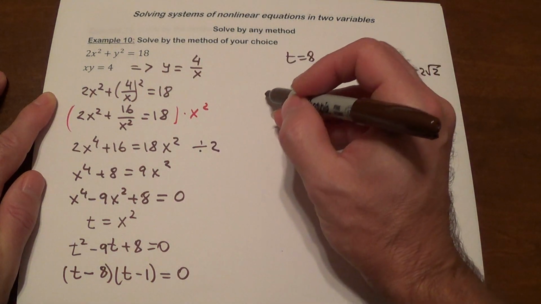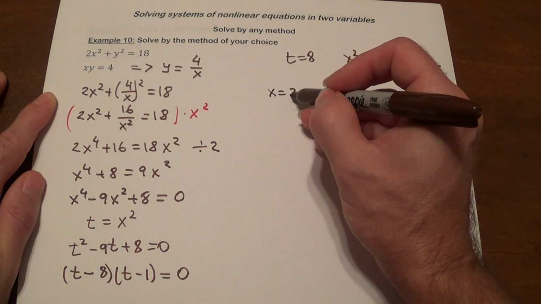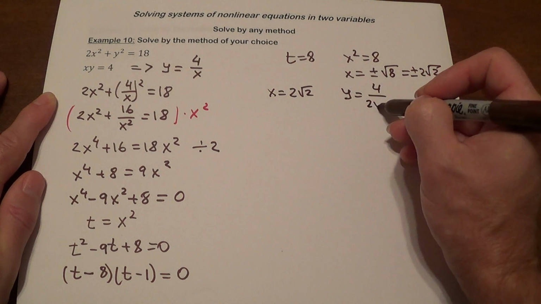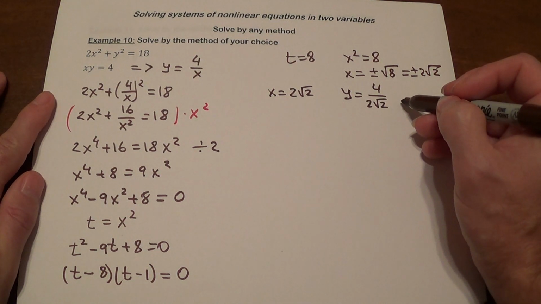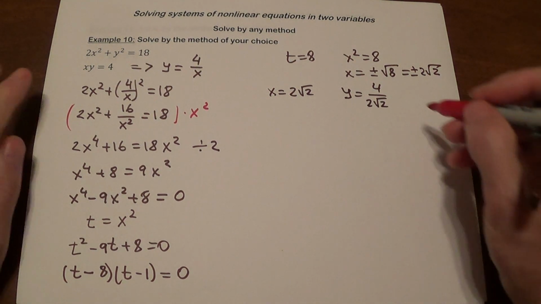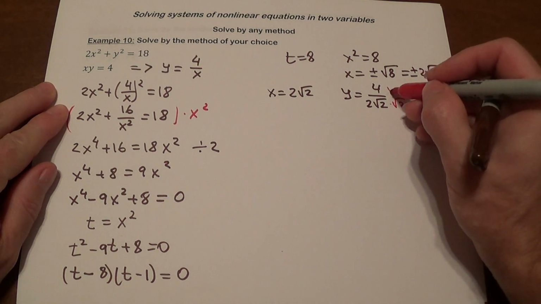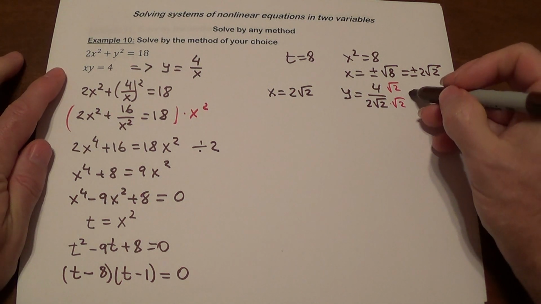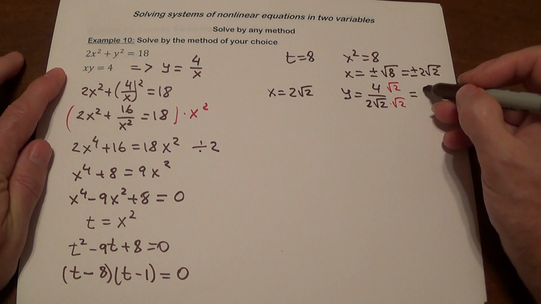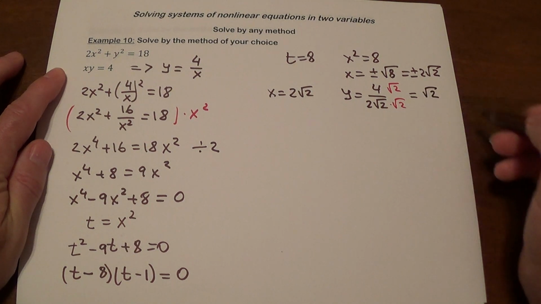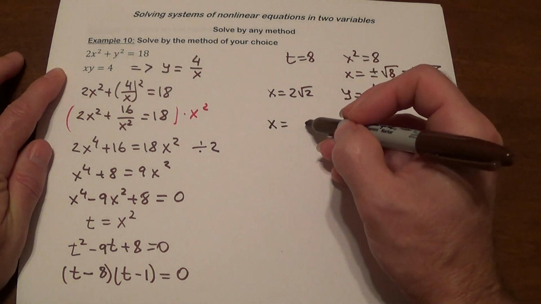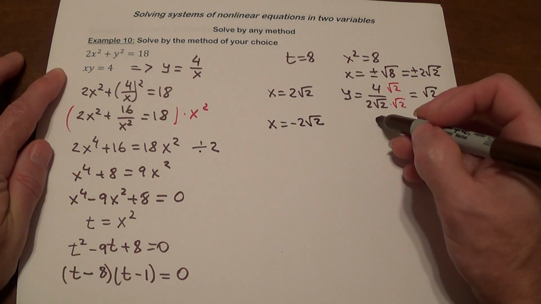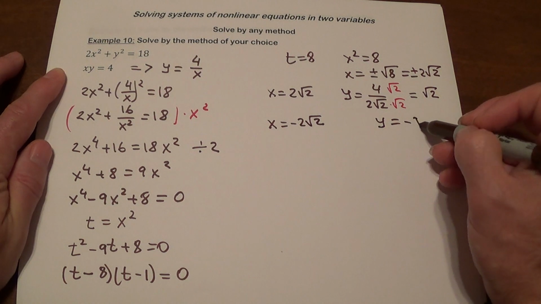So when x equals 2 square root of 2, y is going to be 4 divided by 2 square root of 2, which we need to rationalize by multiplying top and bottom by the square root of 2. So that's going to end up giving us square root of 2. If you do the same math for negative 2 square root of 2, you're going to find that y equals negative square root of 2.